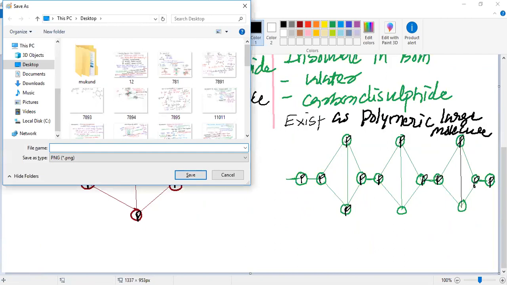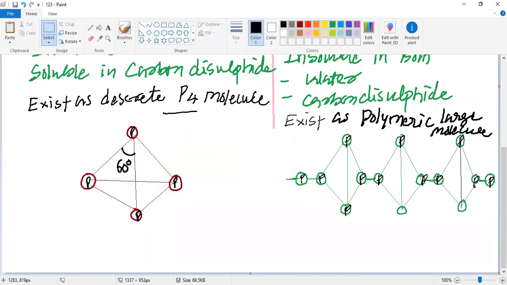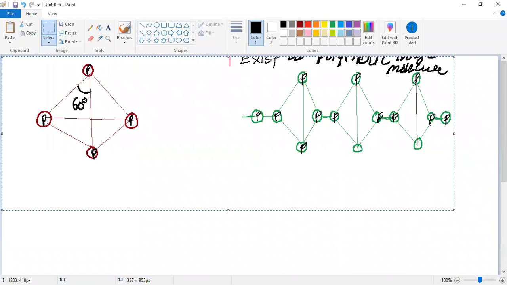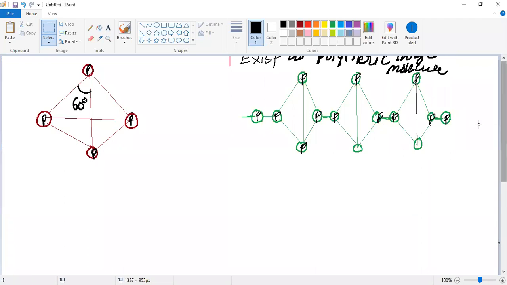When this phosphorus exists in this particular manner, can you see the screen, dear students? Yes, sir. Okay, good.